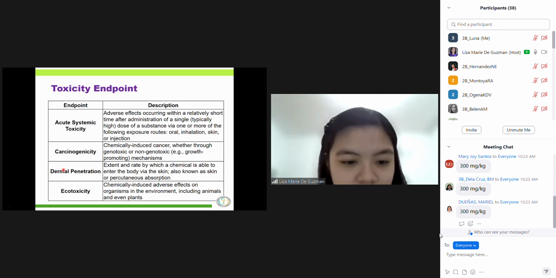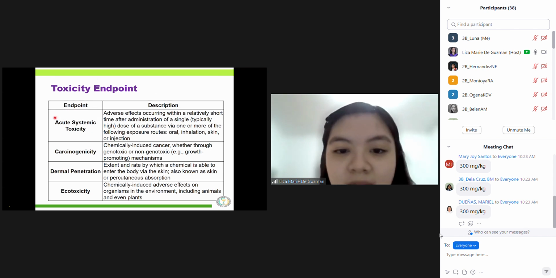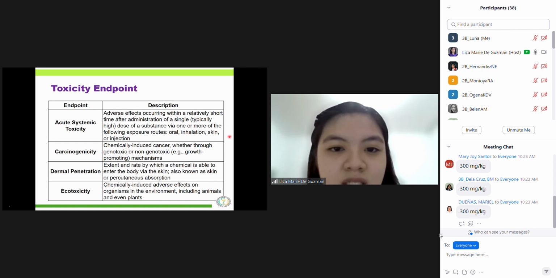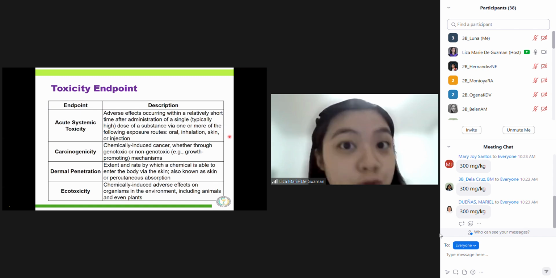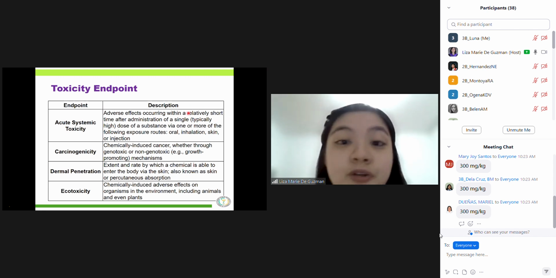So what are these toxicity endpoints that we have? So acute systemic toxicity, again, this is a type of toxicity endpoint if you want to determine the effect of your drug or your chemical when administered only for a short period of time. So that is for acute.